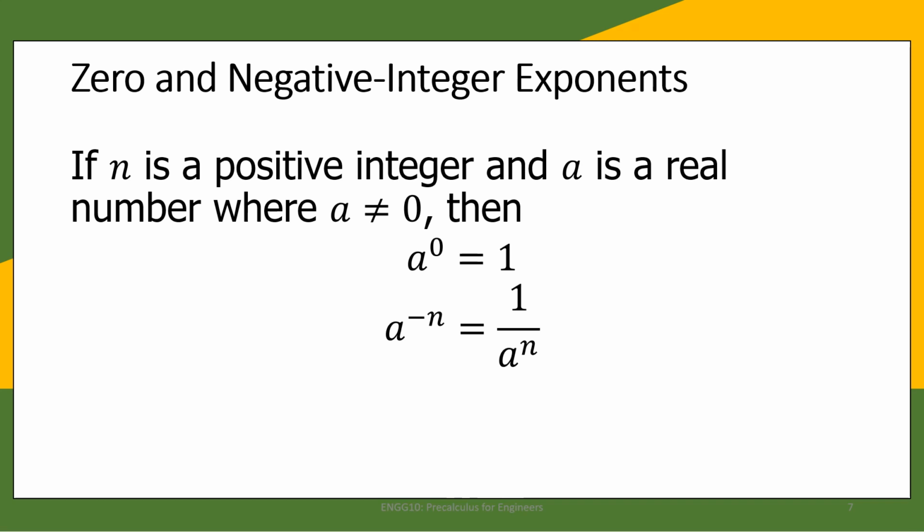We can do that by using this rule. If we have a raised to negative n, we just need to get the reciprocal of that expression, say 1 all over a raised to n. Now the exponent becomes positive. In the following slides, we are going to answer some problems that involve these different rules and theorems.